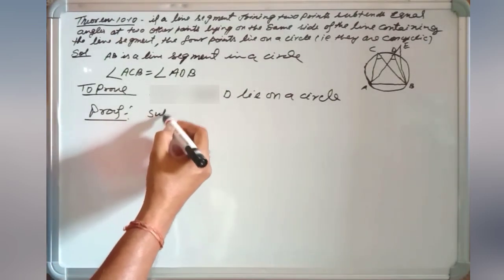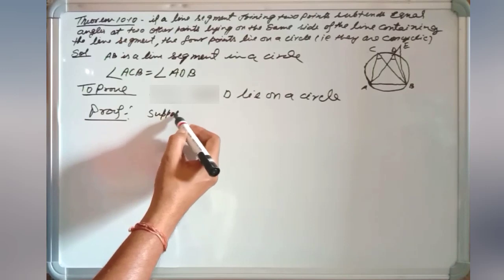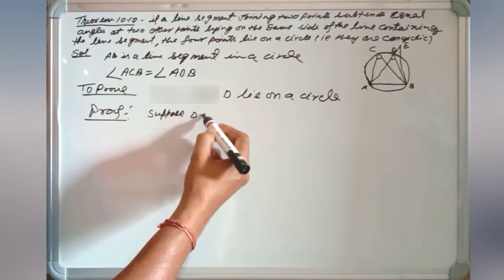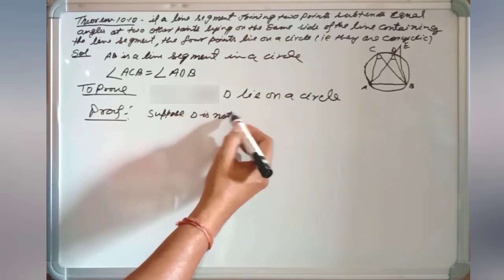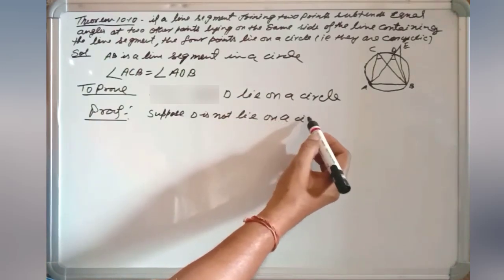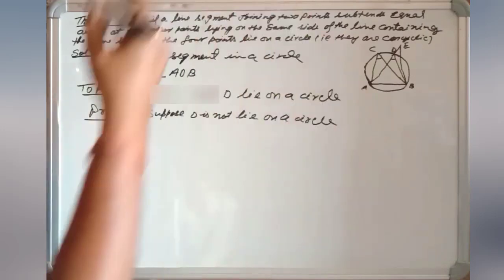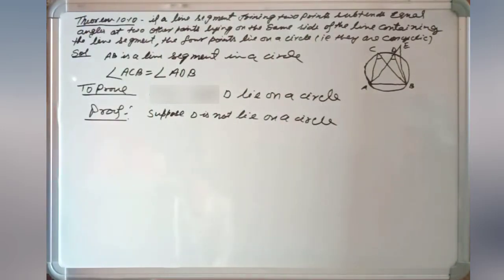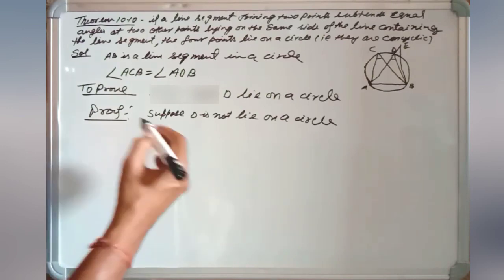Suppose we assume D does not lie on a circle. So its point may be inside the circle or outside the circle. But in this figure, I am assuming that E is outside the circle.